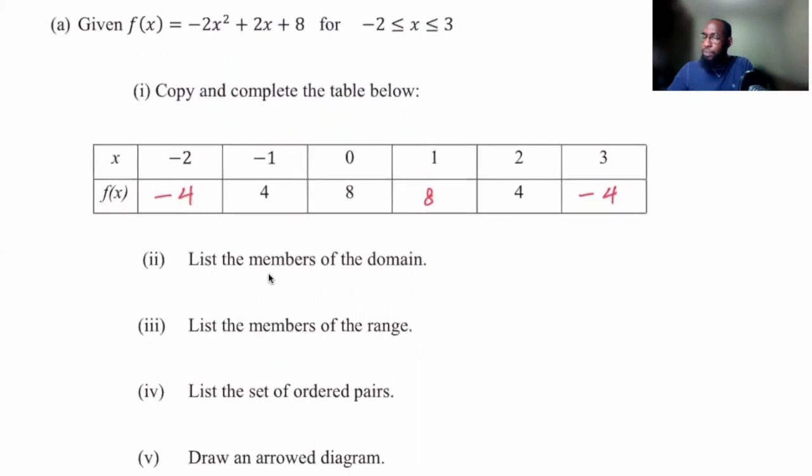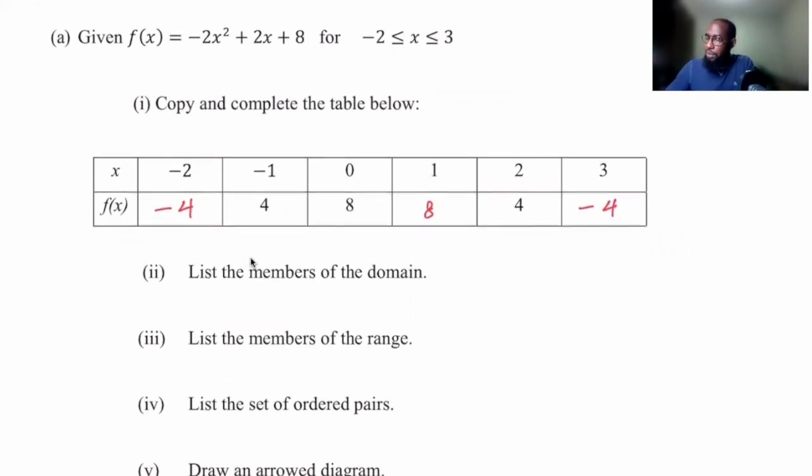Part 2 asks us to list the members of the domain. The members of the domain are the x values, right? So what numbers you input into the functions, that is the members of the domain, members or elements. So to list, we have to have open curly brackets.